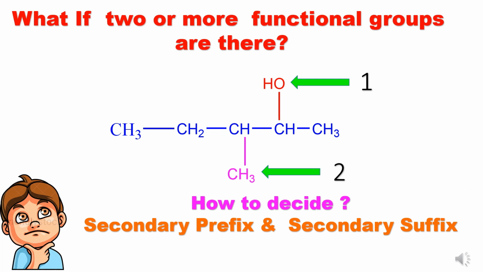Now in everyone's mind, one question will come. What if two or more functional groups are present in any structure? Like in this structure, you can see two functional groups are present. So how to decide which one will be the secondary prefix and which one will be the secondary suffix?